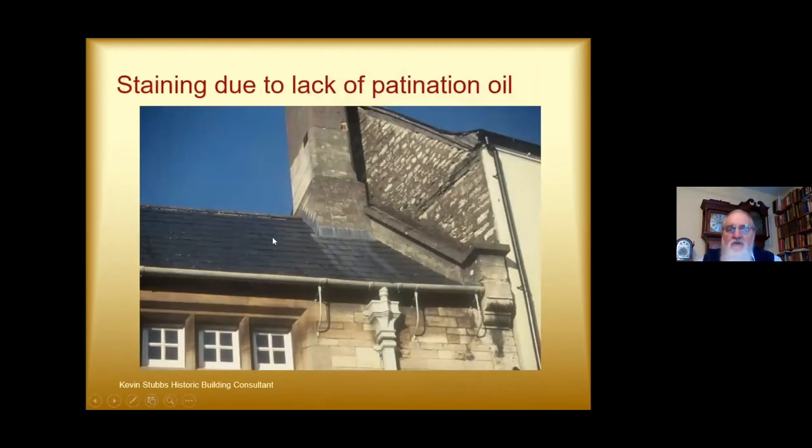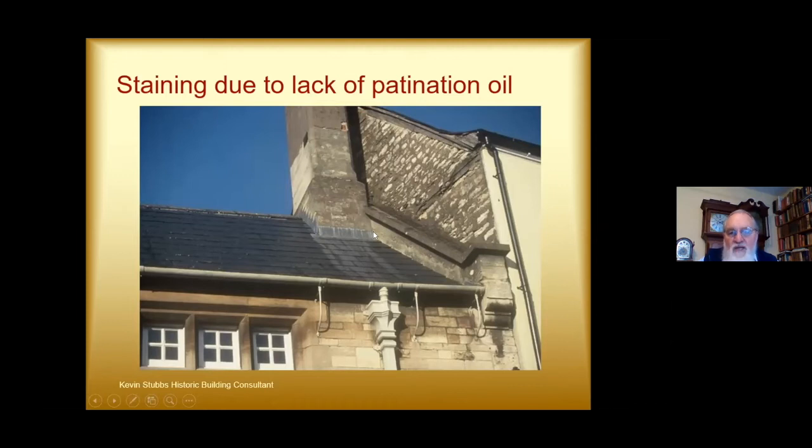One of the other problems with lead is staining of the adjacent roof slopes from new lead work. This is the oxidization of the surface of the lead through natural acidic rains, etc., and you get these sulfates being deposited on the slopes of the roof.